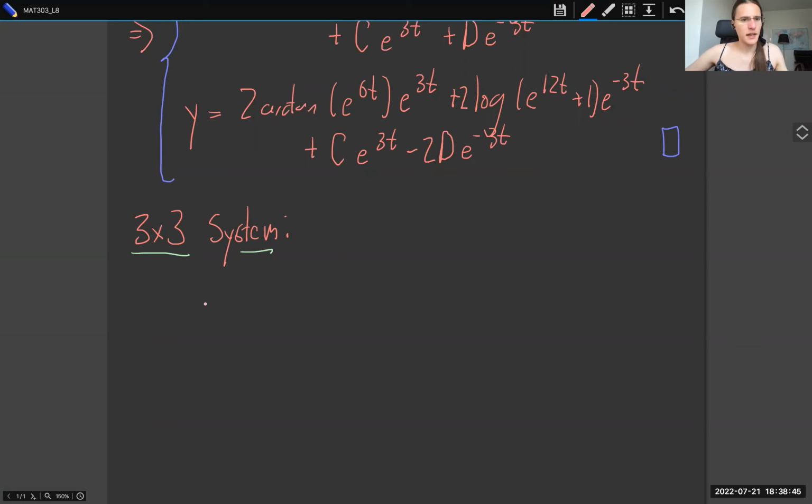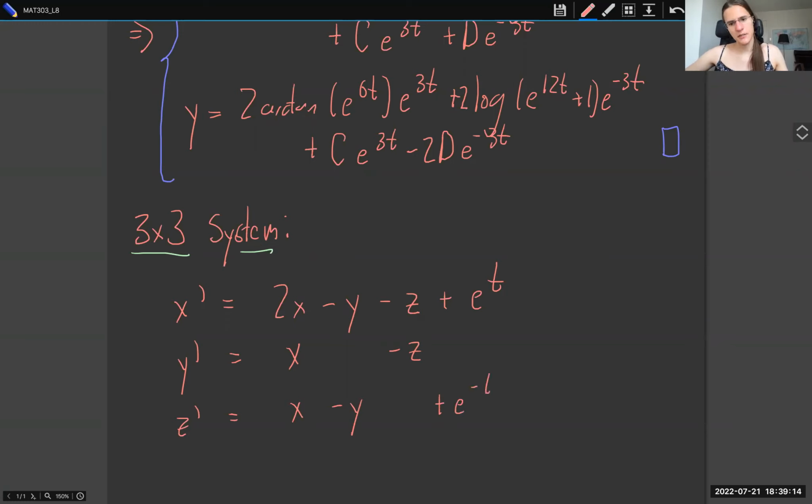So let's write x prime is equal to 2x minus y minus z plus e to the t. y prime is equal to x minus z, and z prime is equal to x minus y, and then plus e to the minus t.